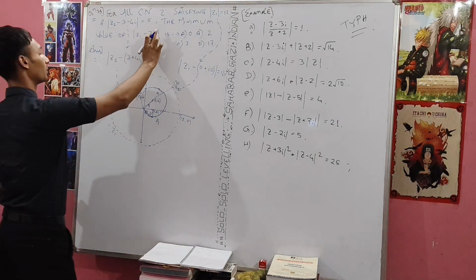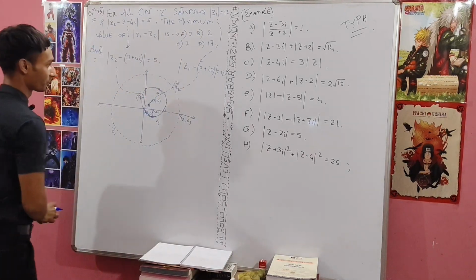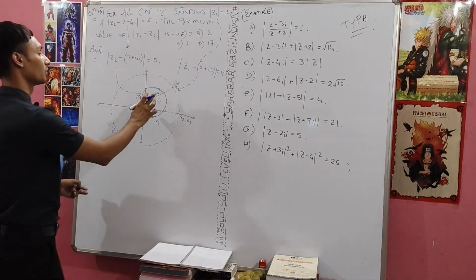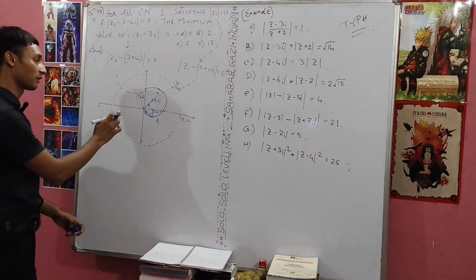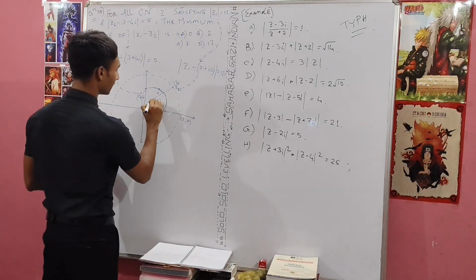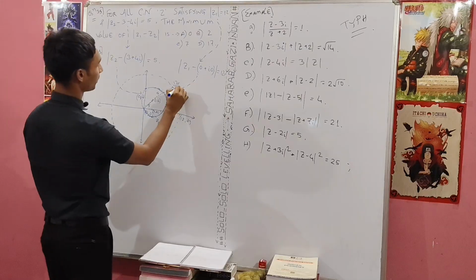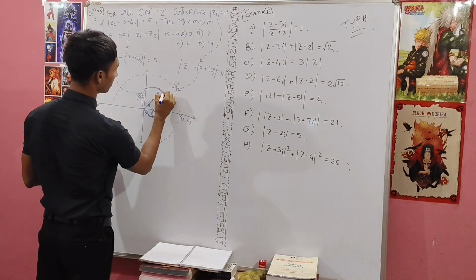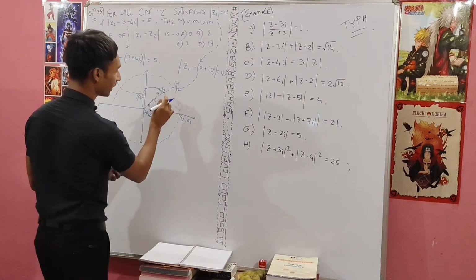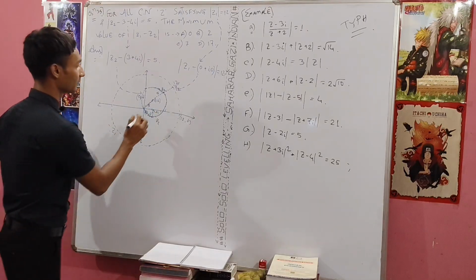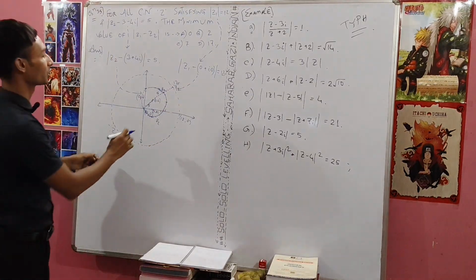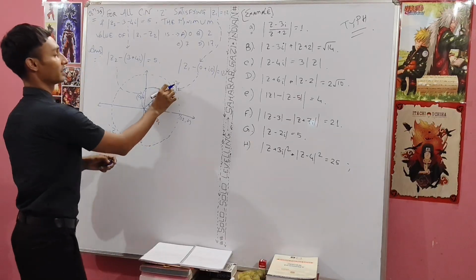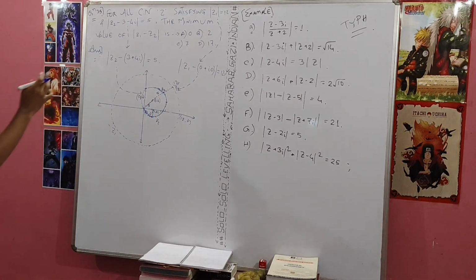But what has been asked here? Minimum distance. For the minimum, z1 and z2 both should be in the same direction in a straight line from the origin. Suppose z1 is here at this distance and z2 is somewhere here, then this will be the minimum distance. If z2 is somewhere elsewhere, then it will not be the minimum distance. Minimum distance is the shortest straight line.